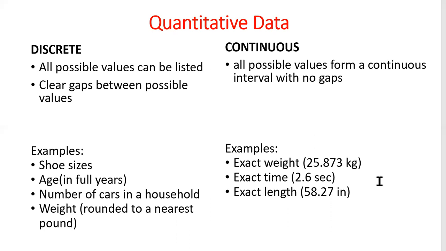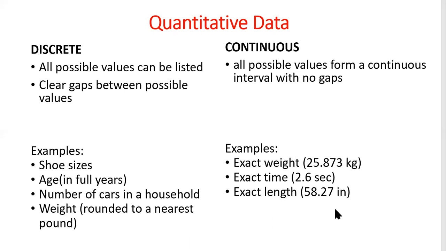Exact time, such as 2.6 seconds. Exact length, 58.27 inches. Like we said, with continuous data, any accuracy is possible. So we're only limited by the instruments that we're using to take those measurements.